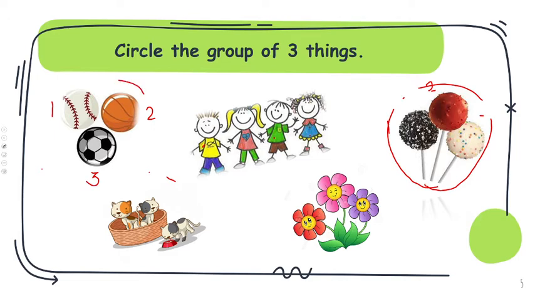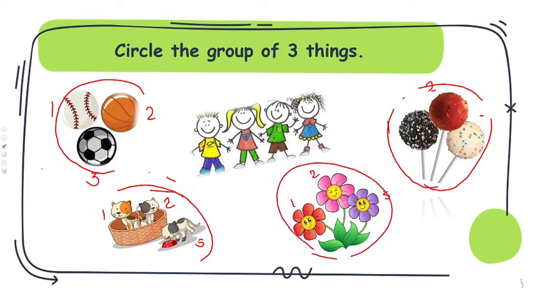Yes, let's circle it. Now how many kittens are there? 1, 2 and 3. Let's circle it. In the end there are 3 flowers. 1, 2 and 3. Let's circle it. Excellent, playgroup.